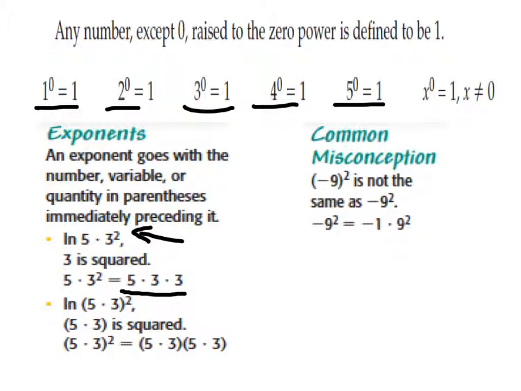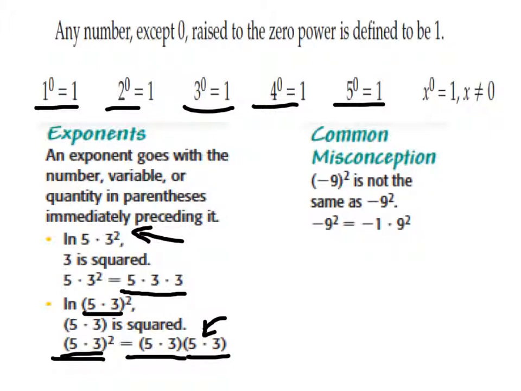Now let's look at our second example, where the quantity of 5 times 3 is raised to the second power. Remember, it's the base, and this 2 tells us that we need to take the base twice and multiply them together. And that explains why this is the proper way to write this answer.